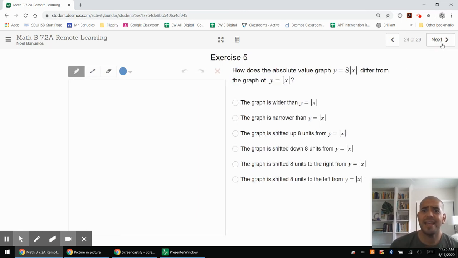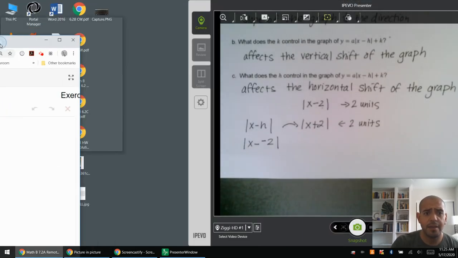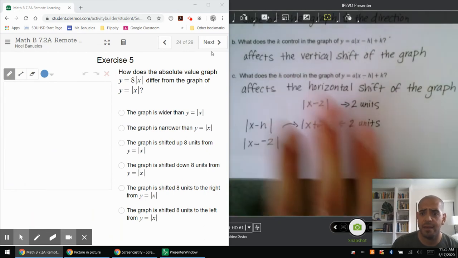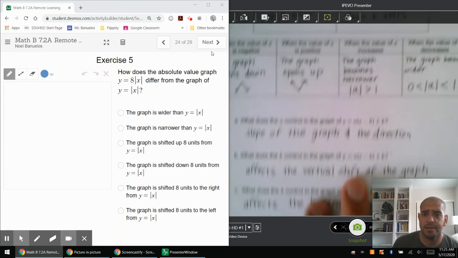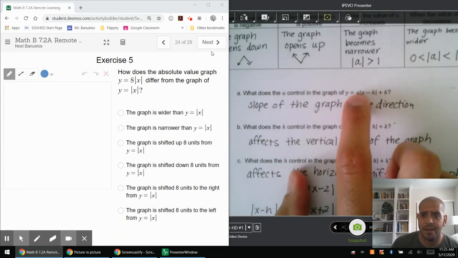All right, how does the absolute value graph of y equals 8 times the absolute value of x differ from the original absolute value of x? So you got to ask yourself, what are you changing? Are you changing the a value? The h value? The k value? If you notice, I'm changing the number on the outside here, which is a.